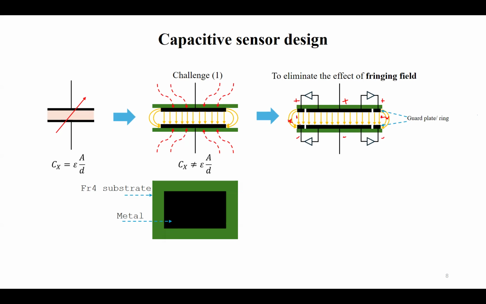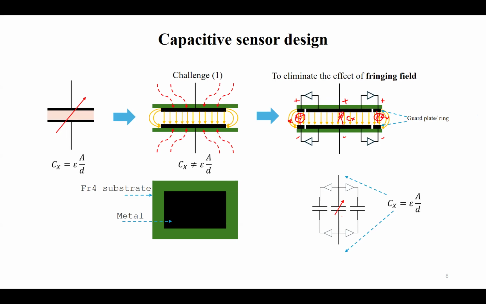And this fringing field affects the capacitance between the guard plates. So we have capacitance between these two plates, between these two plates, and between these two plates, right? This fringing field affects mainly this capacitance as well as this capacitance, while this capacitance, which is the capacitance of the sensor, will not be affected by the fringing field.